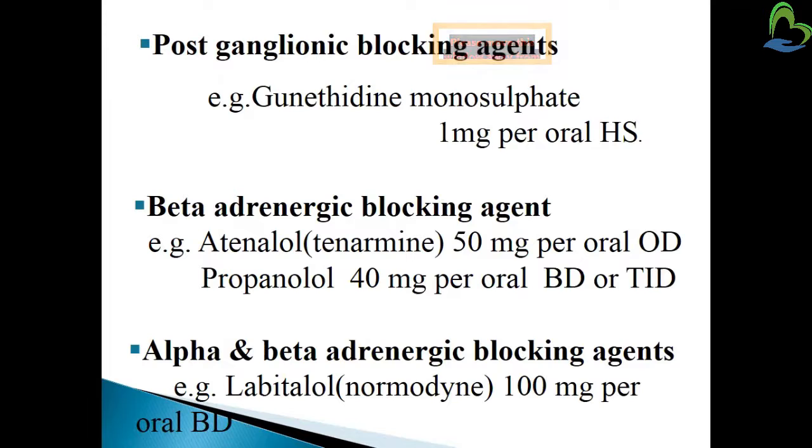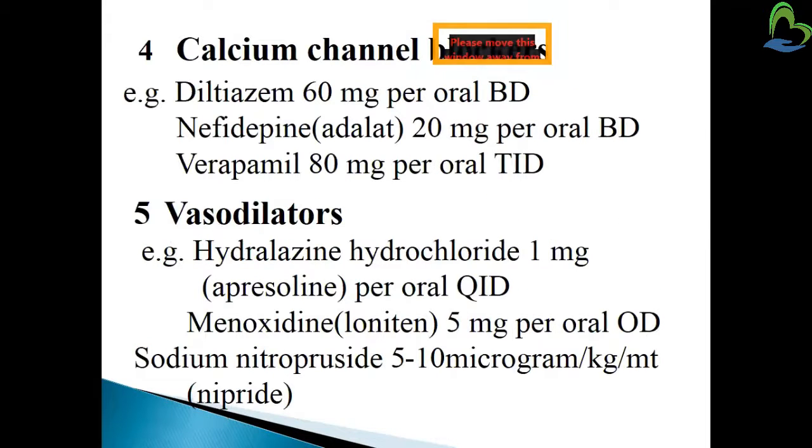Beta adrenergic blocking agents, example is propranolol. Whatever beta adrenergic blocking agents there are have a terminal ending of olol, so if olol is coming, propranolol is one example of it. Alpha and beta adrenergic blocking agents, that is labetalol, 100 mg per oral BD, twice we can give.